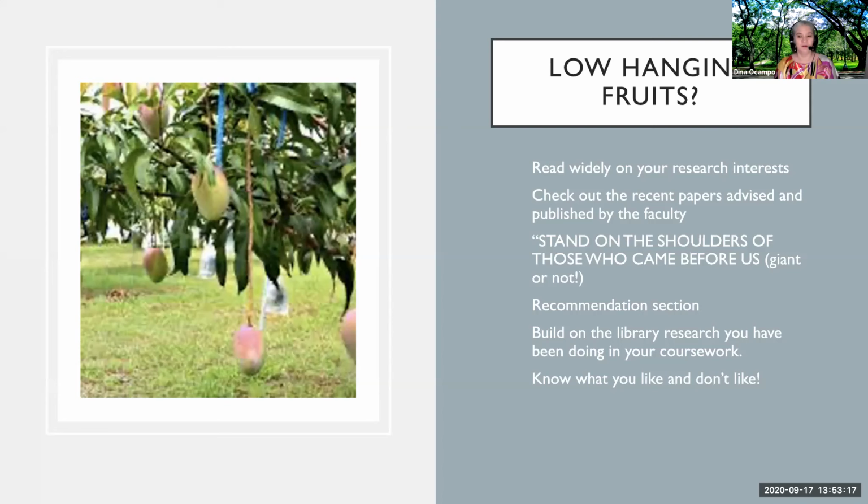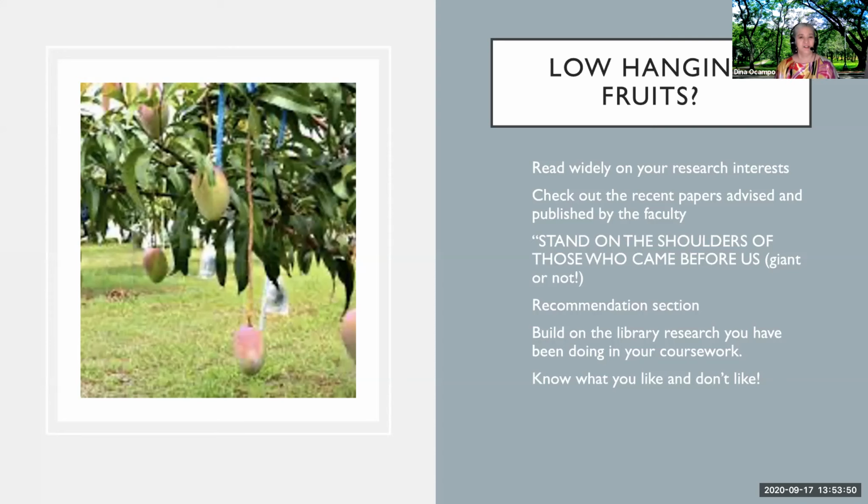These papers are palpable indicators of what they have specialized in. They have read the literature, they know the methodologies for these topics, and so advising you will be very easy for them. It will also be very easy for you to learn from them, because they know their subject matter very well.